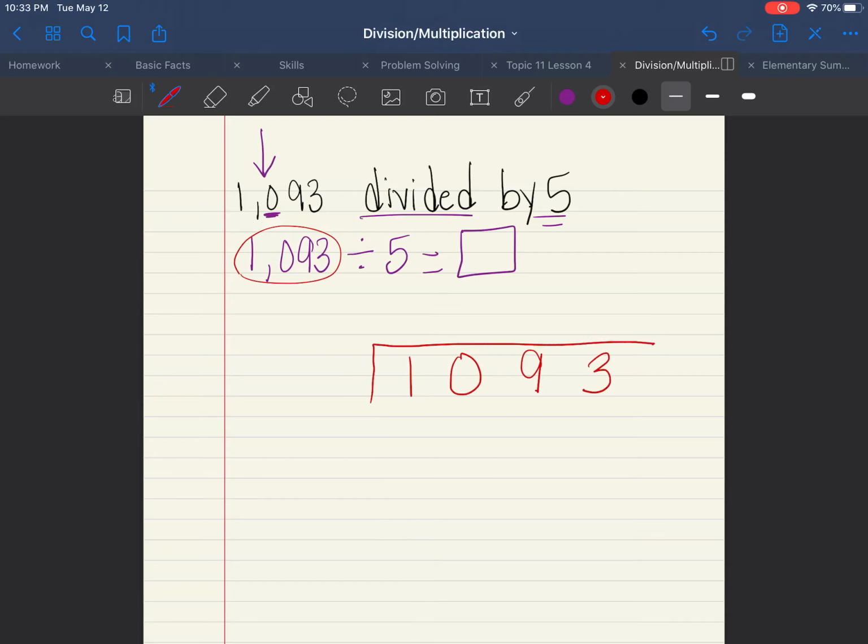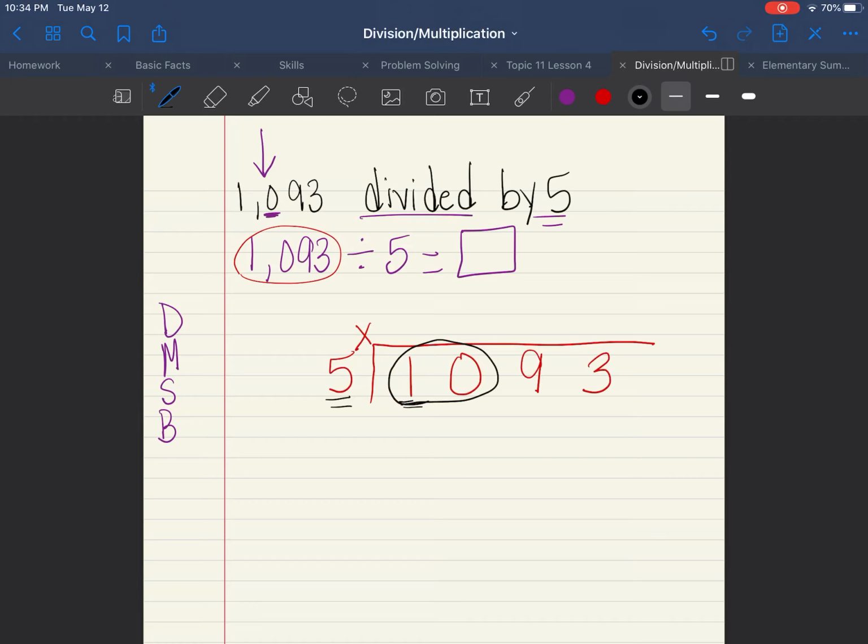Remember the big number, my dividend, goes inside the house. And I do like to space out my numbers. And we are dividing by 5. So remember, dad, mom, sister, baby brother, or dirty monkey smell bad.